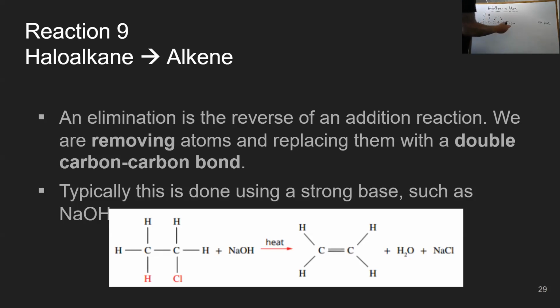So we end up with, we've now reduced it back to the double bond. The chlorine breaks off because of the heat and the strong base, reacts with the sodium and becomes salt. The hydrogen that's liberated reacts with OH to produce H2O, and then all of a sudden we're back to the alkene.